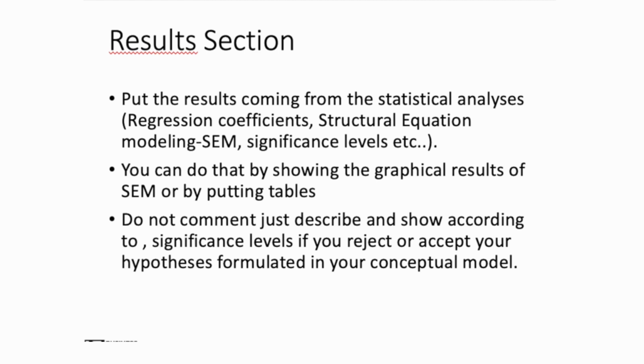I would recommend doing that chronologically: you show the results for hypothesis 1 and the significance level, then hypothesis 2, 3, 4, and so on. So you put there clearly only the descriptive results of your statistical analysis, and you satisfy yourself by giving the rejection or acceptance of the hypothesis. We will see now some examples to make it clearer to you.